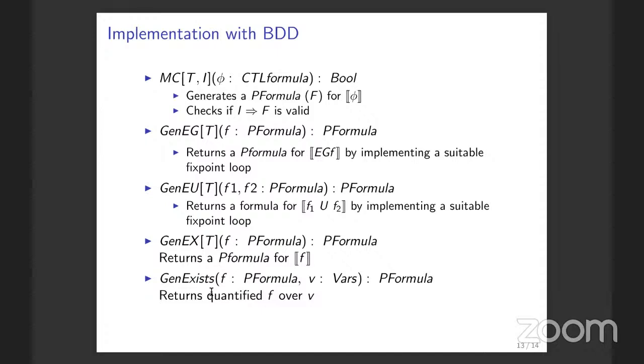It can be implemented by existentially quantifying a given set of variables out. So you will start with gen exists, which generates an existentially quantified formula and is available as part of your BDD library. Then you will implement EX and AX as the need arises.